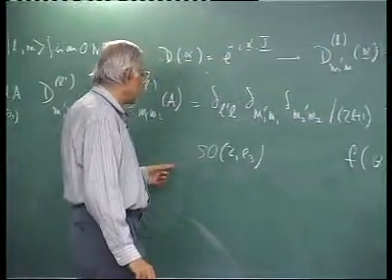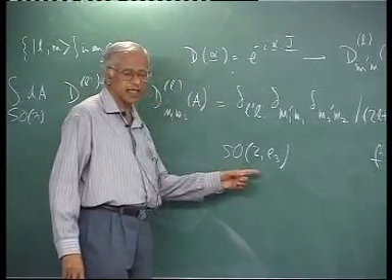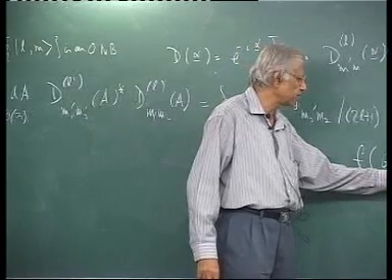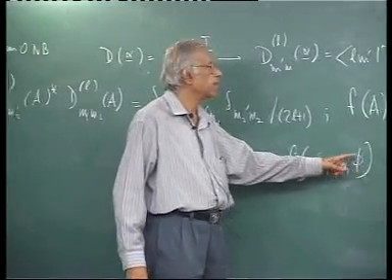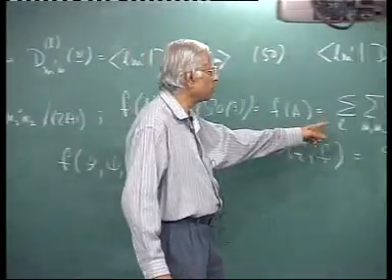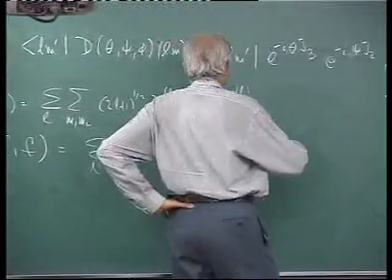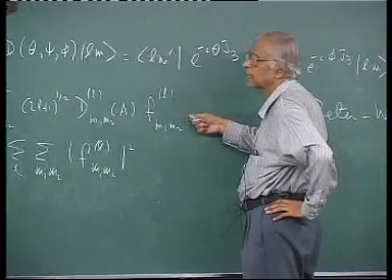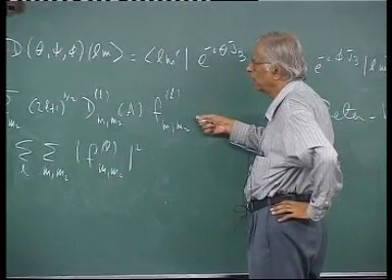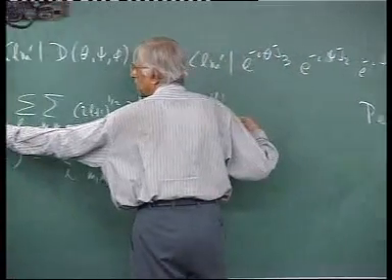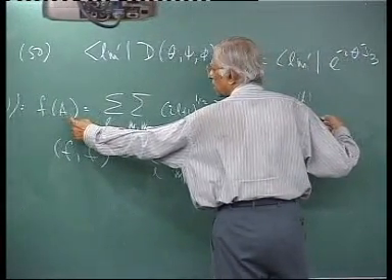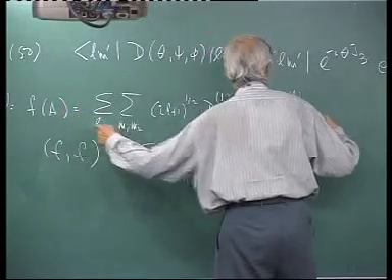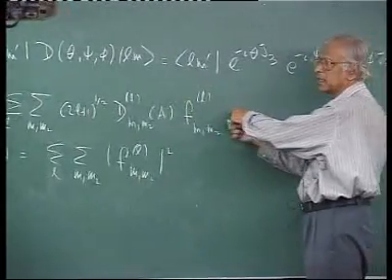That means that functions over the coset space are just functions on the group which happen to be constant with respect to phi. If that were so, can you see some simplification in this expansion theorem? If the left hand side is known to be independent of the third Euler angle phi, the one at the right end, there is no phi dependence, what must happen on the right hand side?